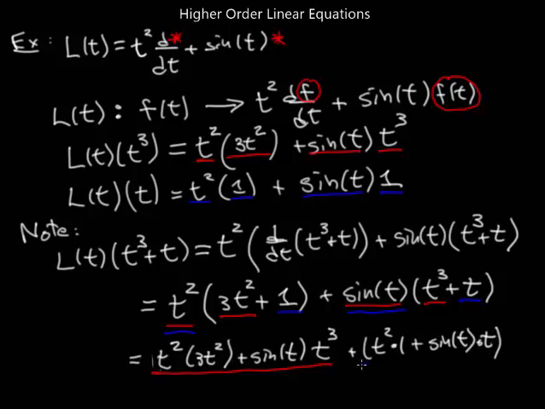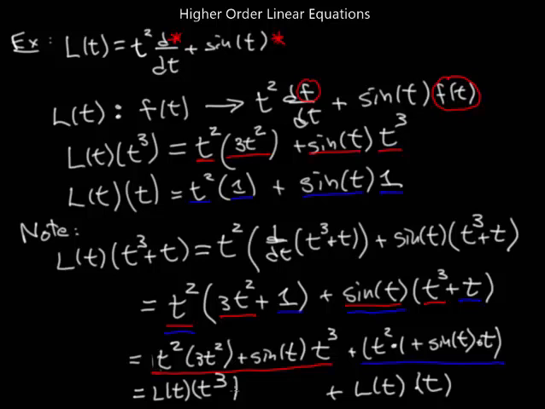And notice that the thing underlined in red is L of t applied to t cubed. And the thing in blue is L of t applied to t. So what do I conclude?